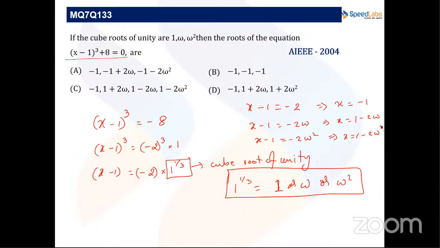Clear? There is some misprinting, so the correct option is we will get only three roots. So obviously this is the misprinting. So our correct option is C.